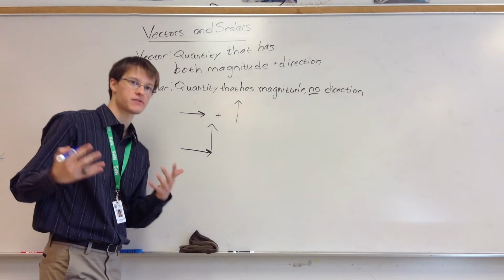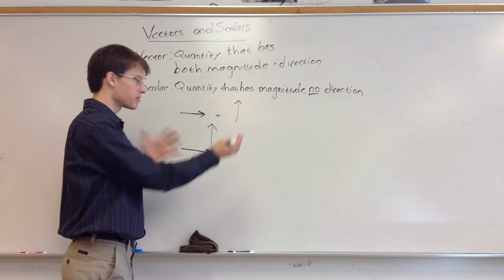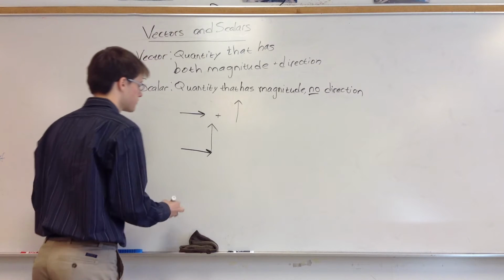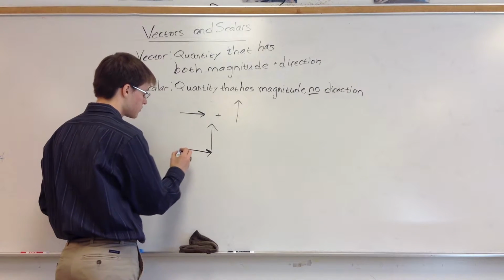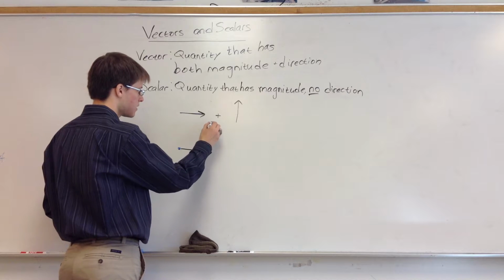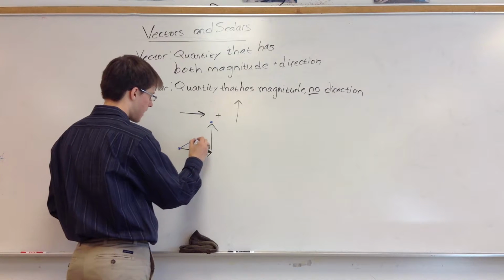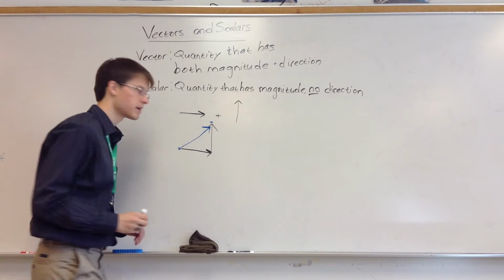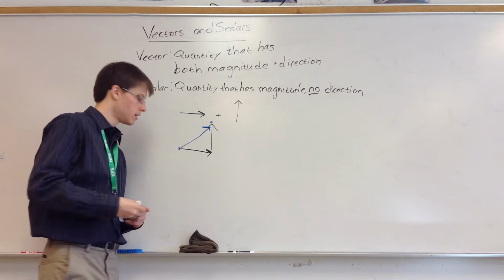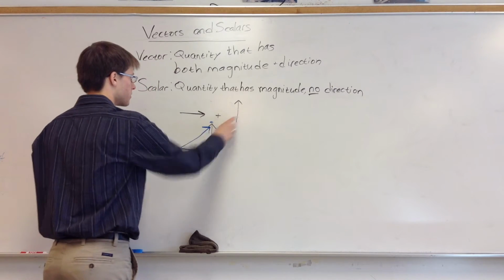But what's my answer? It isn't just 3 plus 3, you get a number. The answer here is another vector, and it's going to start where you start, and it's going to end where you end. So we're just going to draw an arrow like that, and that's called my resultant vector. And you get the same thing if you started with this one.